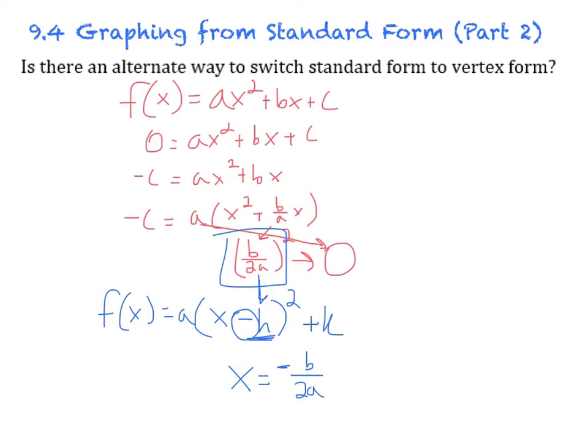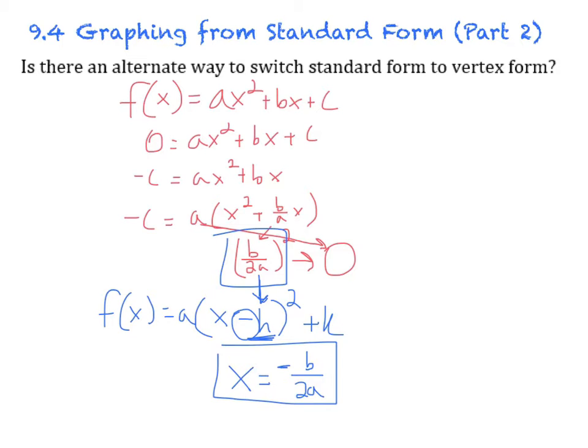This value, this linear term divided by 2, is always what h is, and h, the negative of h, is always my x value. So I can figure out the x value of my vertex of any quadratic by just using the formula negative b over 2a.